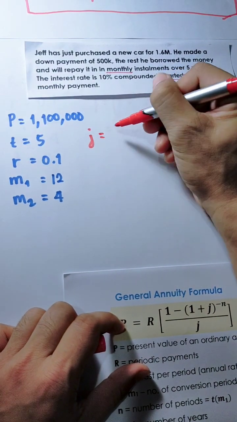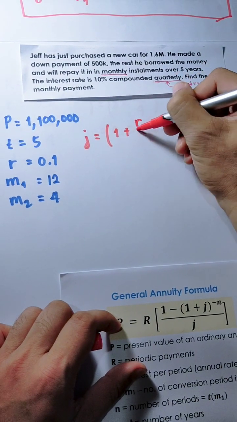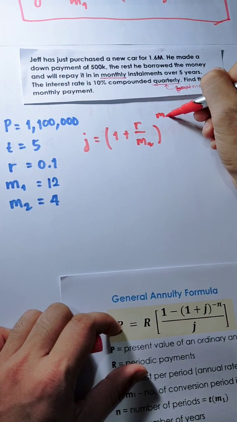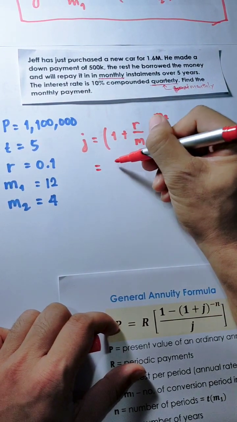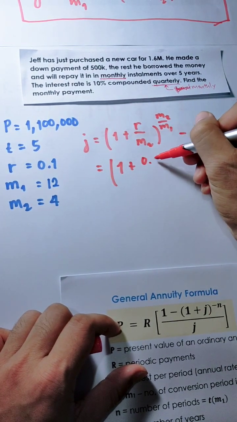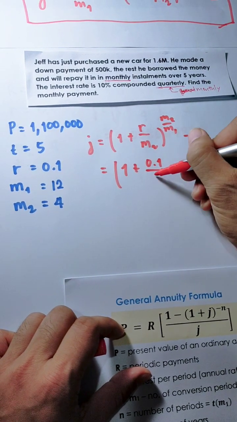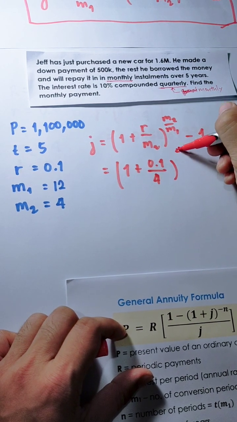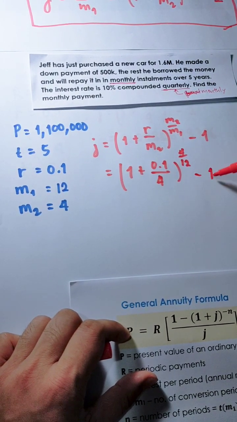Our J is equal to the formula 1 plus R over M2, all raised to M2 over M1, minus 1. Let's plug in the values now. 1 plus our R is 0.1 over our M2 is 4. Then 4 over M1 is 12, minus 1.